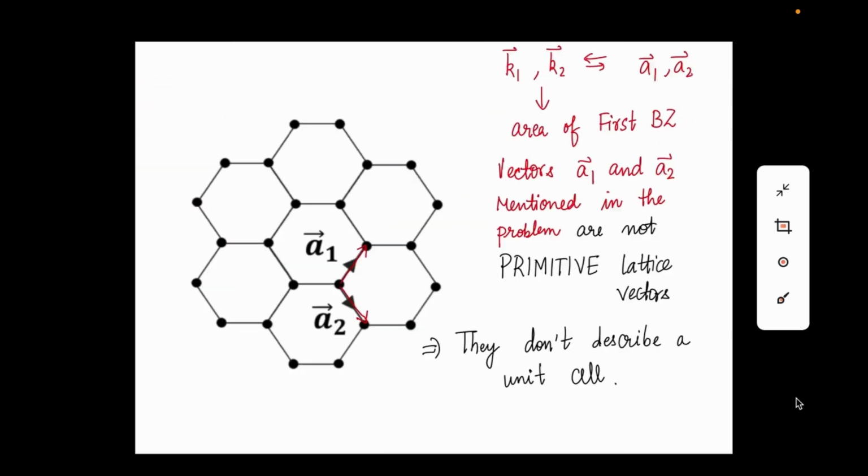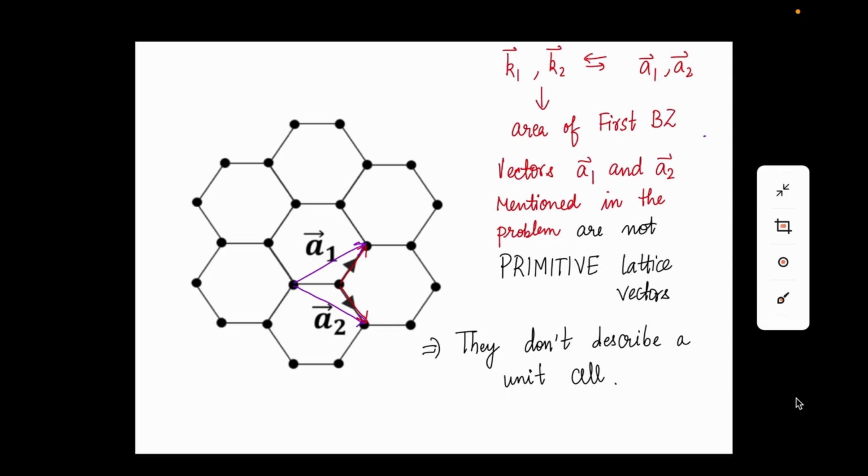So now if you see this, if you keep on repeating, you won't get a unit cell because there are atoms also placed on this. So the exact unit cell vectors are these.